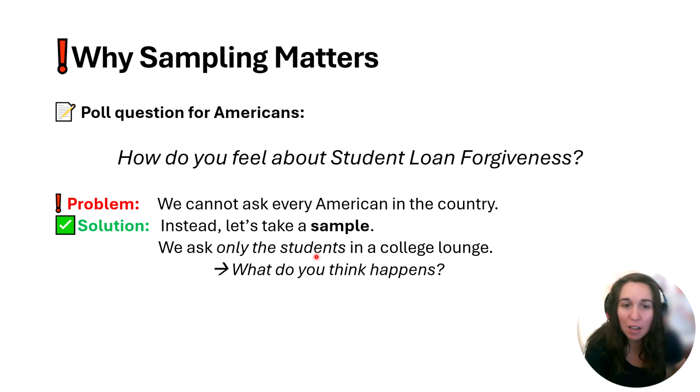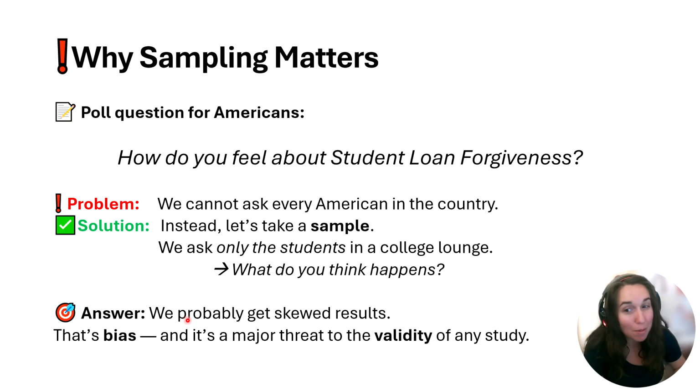Well, if we only ask students in a college lounge, we will probably get skewed results, because there's some bias there. If we're only asking college students about student loan forgiveness, they're going to have a very biased answer. They have a lot on the line there.